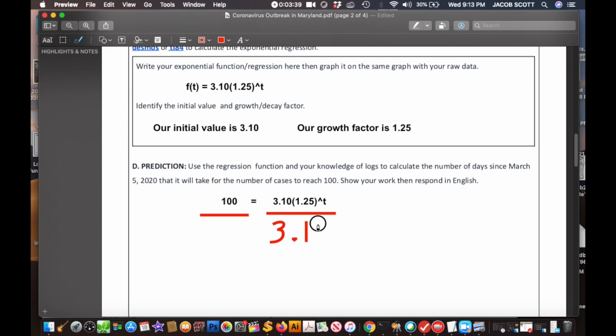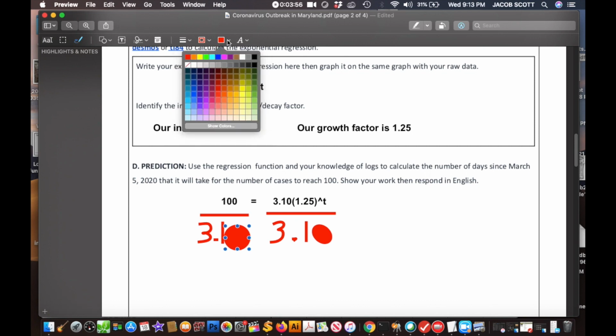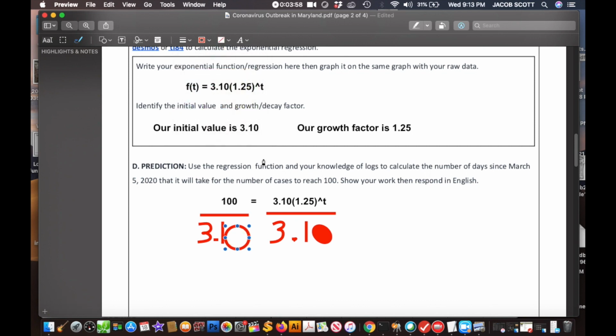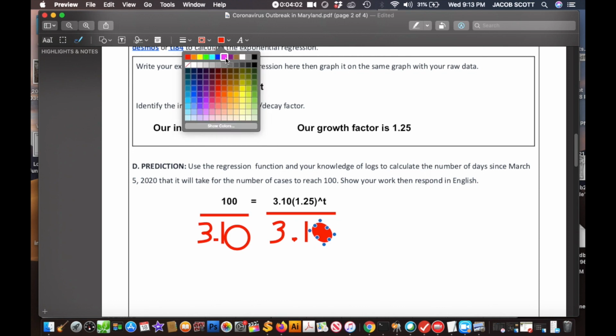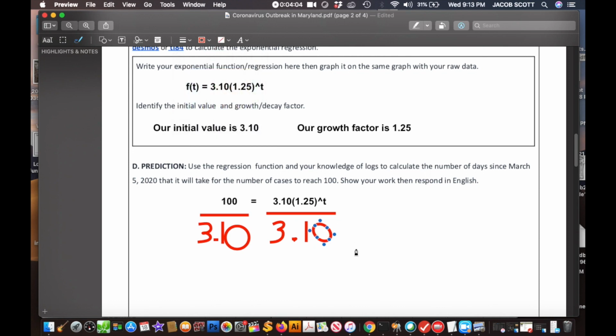Divide both sides by 3.10. You guys can laugh at me for... Okay. So I think if I... There we go. And I want this one to be hollowed out as well. All right. So dividing both sides by 3.10.